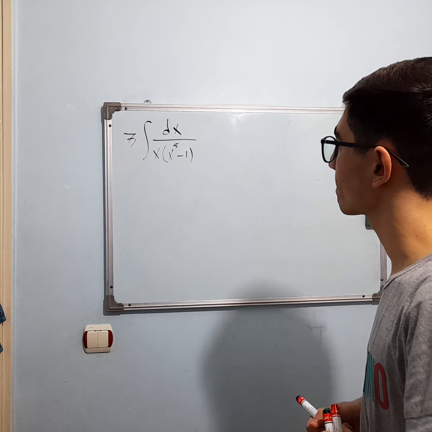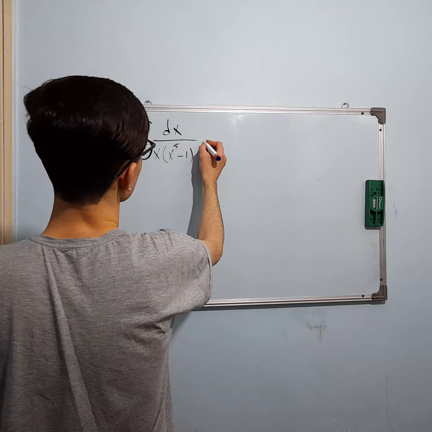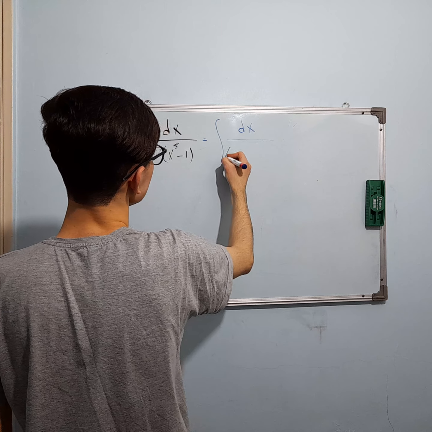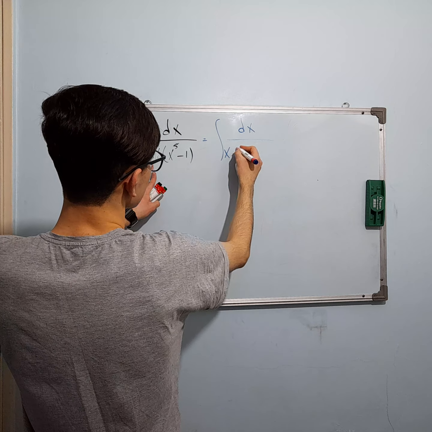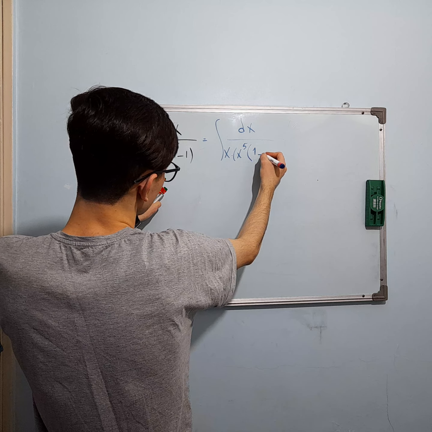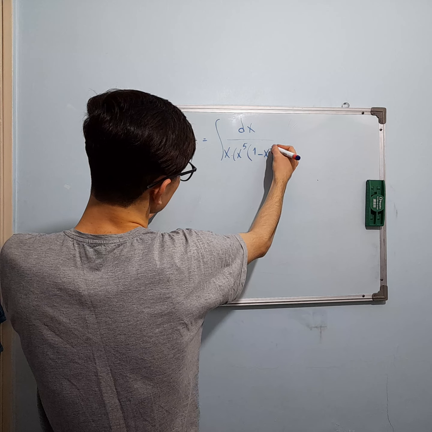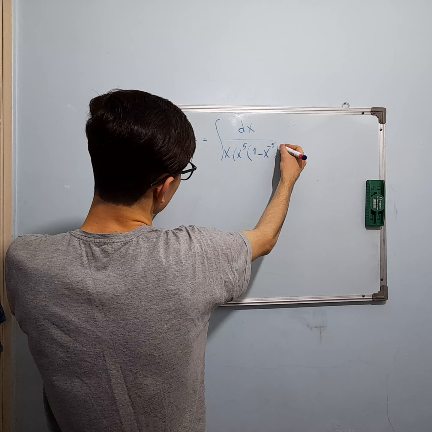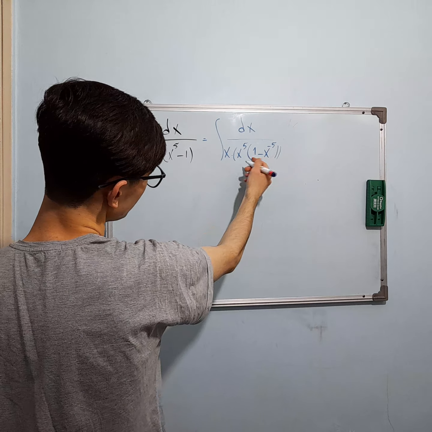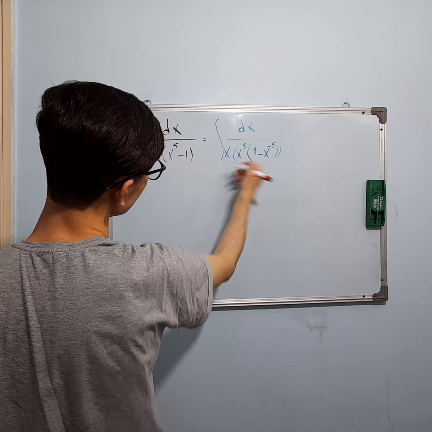See, dx over x times x to the fifth power times (1 minus x to the negative fifth power). It's the same as this if I multiply by x to the fifth power and negative 1.